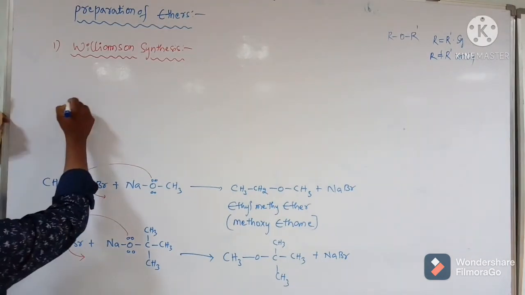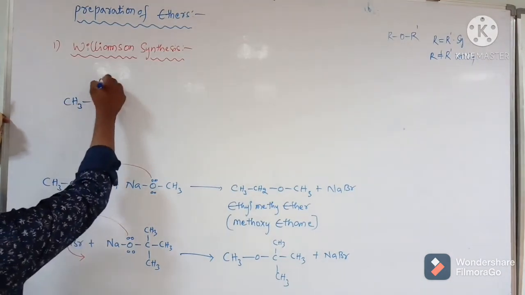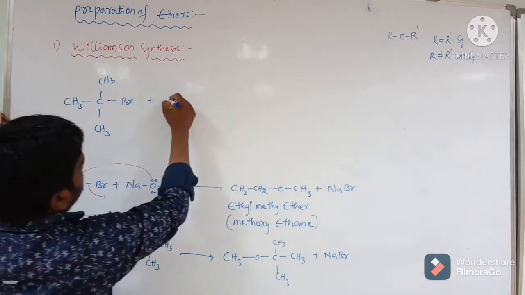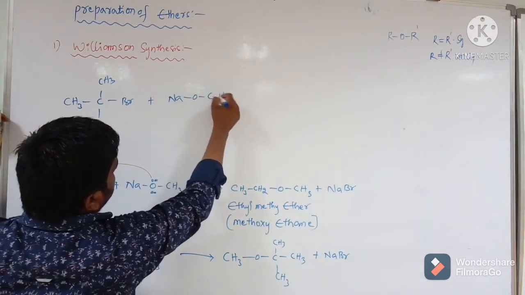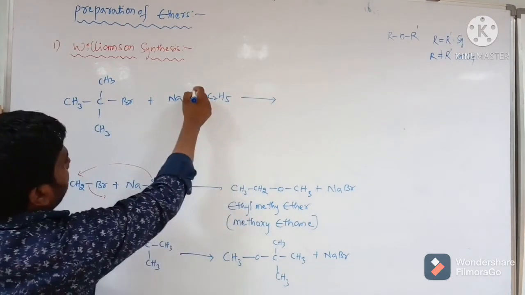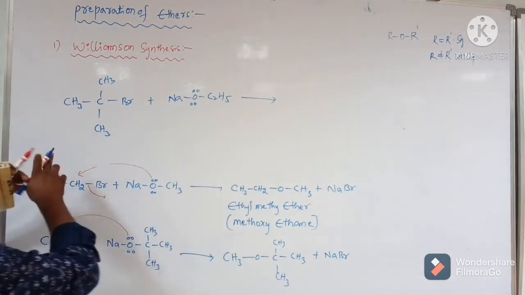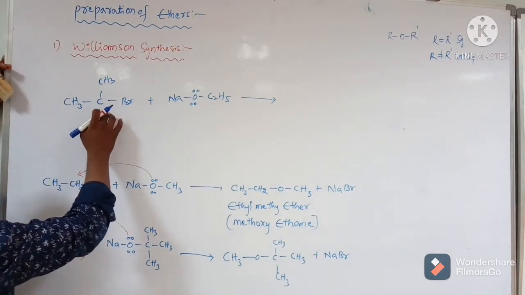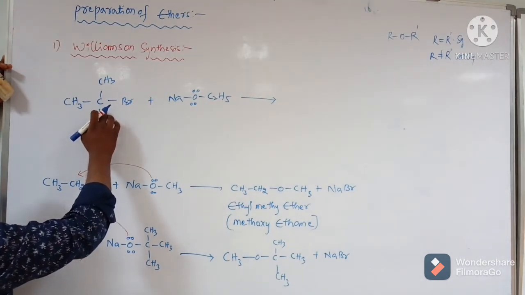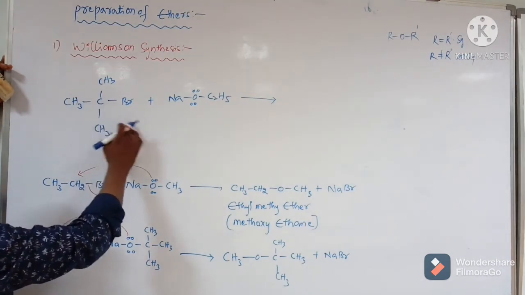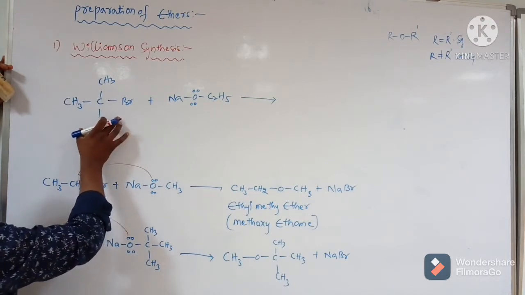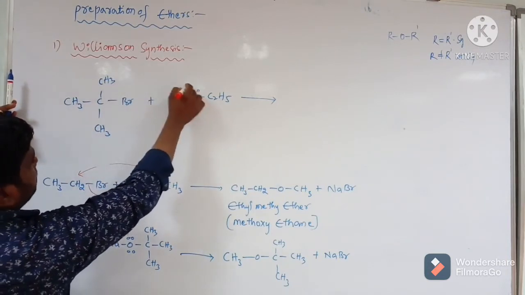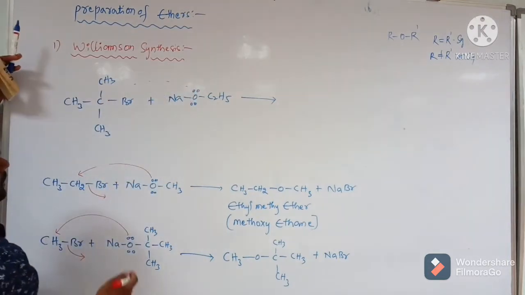For example, (CH3)3CBr plus NaOC2H5. This is tertiary butyl bromide, so the bulky group is present and the position is hindered, so the reaction does not take place by the SN2 pathway. The reaction takes place as elimination.